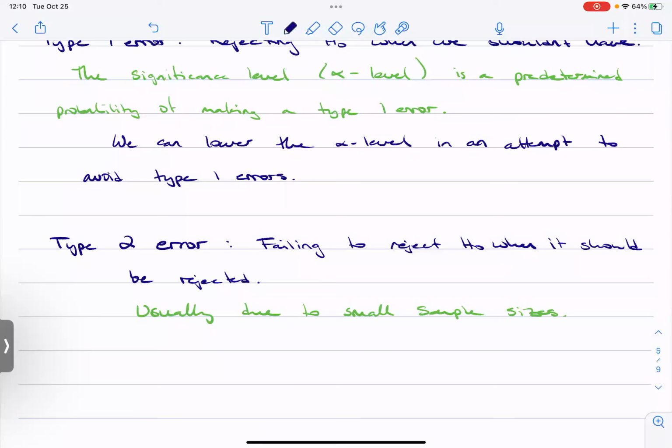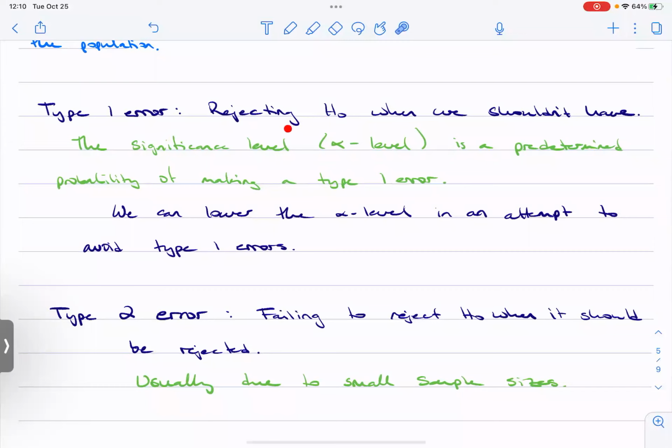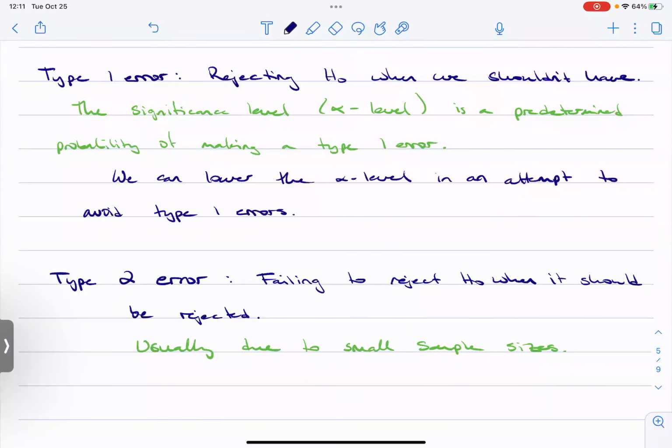You're either convicting an innocent person, which would be a type 1 error, because everyone's innocent until proven guilty, so you rejected H naught when you shouldn't have, sent them to jail when you shouldn't have, or letting a guilty person walk free would be a type 2 error. I usually have a hard time wrapping my head around that one, but I'm sure it's in the textbook. It's in every textbook as an explanation of type 1 and type 2 errors.